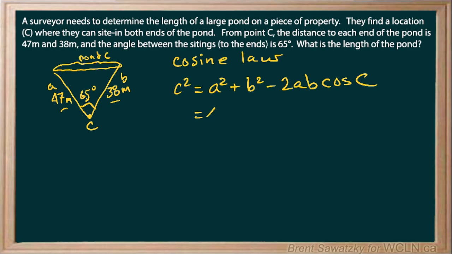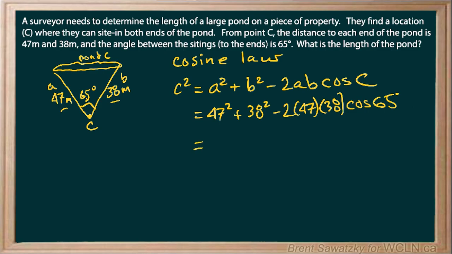So filling in our numbers, 47 squared plus 38 squared minus 2 times 47, 38, and cos 65. And we'll put a degrees there. Okay, so you may decide to try and do this all in one step in your calculator, and that's all great.